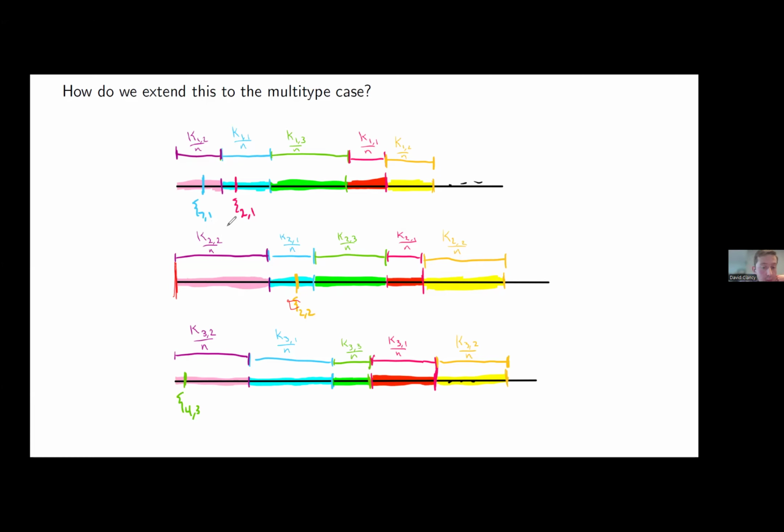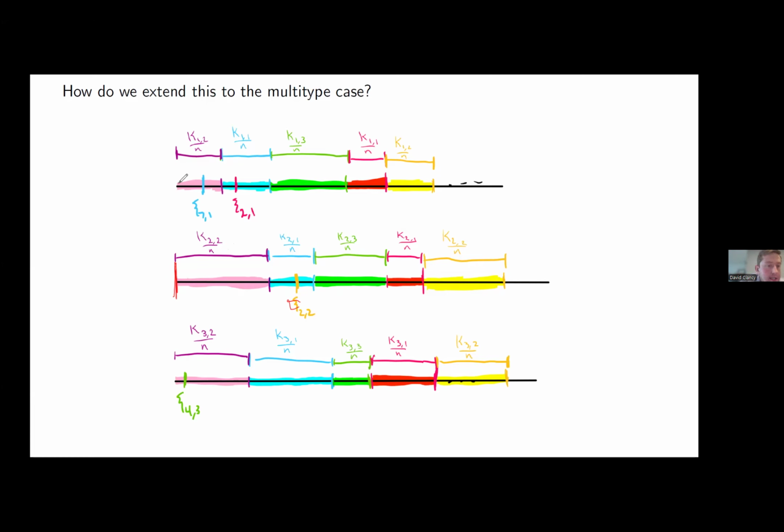It's the parameter that describes the edge connection probability between those two types divided by n. In this case, it's kappa 2, because it's a type 2 vertex listening on the type 2 interval, divided by n, because this is the scaling parameter that we want.